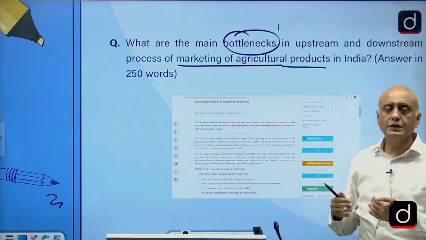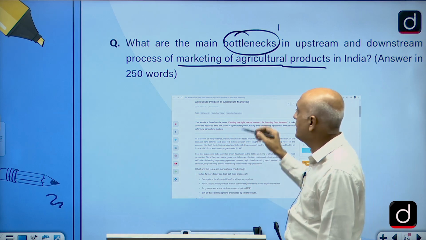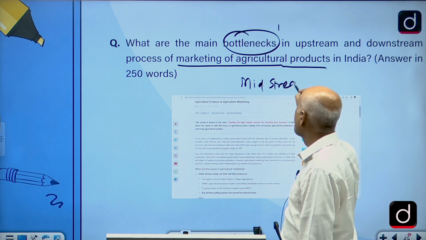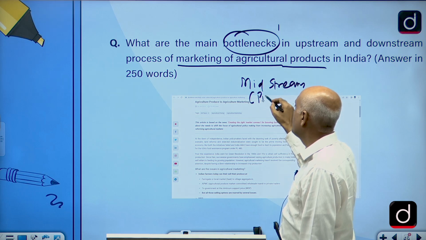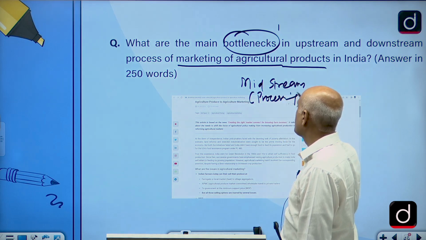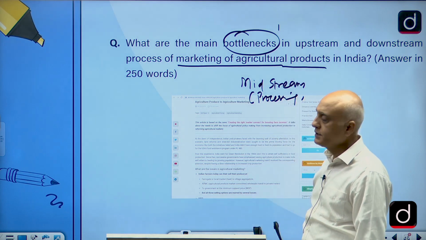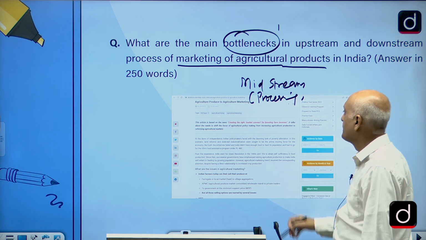So whenever you are doing any supply chain, there are 3 areas in the chain. One is called midstream activities. Midstream is generally connected to processing of things at the level where you are manufacturing the output.